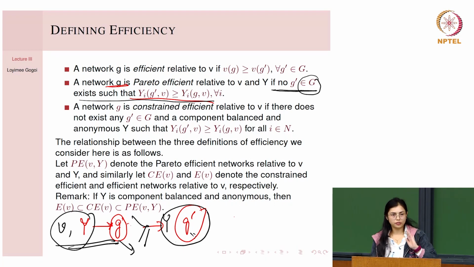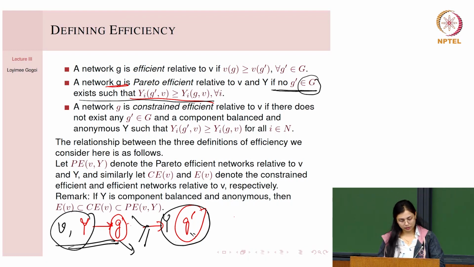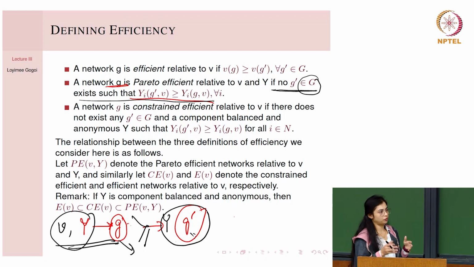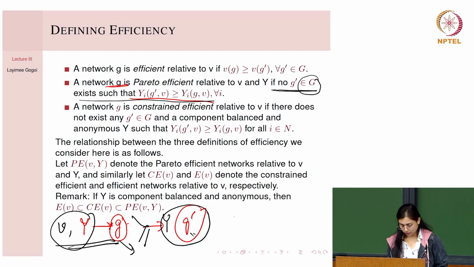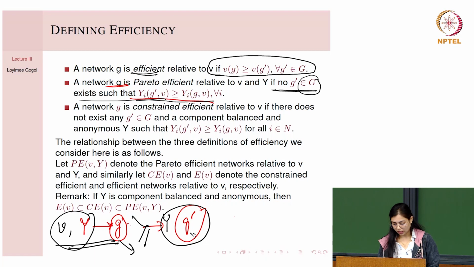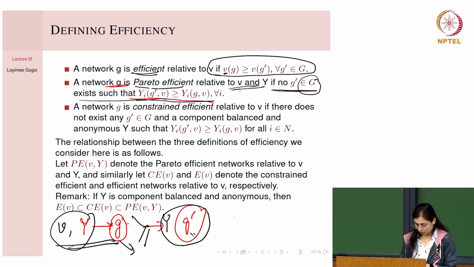So Z is Pareto efficient with respect to Y and V if we do not have another graph G prime such that under that allocation rule G prime gets more payoff. Okay. For efficiency, the definition is associated only with V, but in the case of Pareto efficiency, it is associated with both V and the allocation rule.